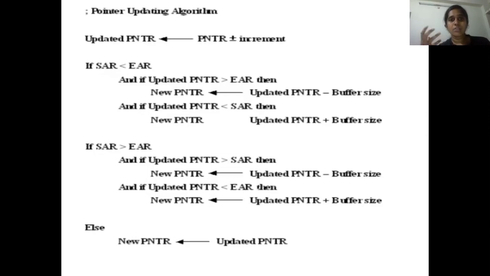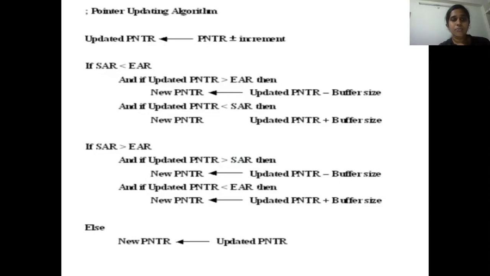These are the address values generally stored in those particular registers. If you are given a problem, like a given buffer size and a given new PNTR value, and you are asked to calculate the updated PNTR value or any other values, you will be able to solve it using these things.